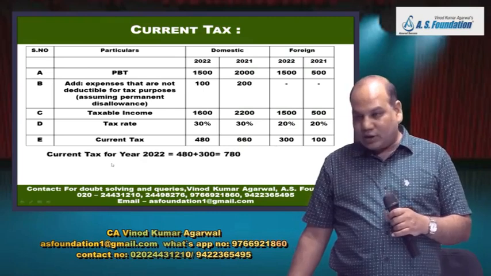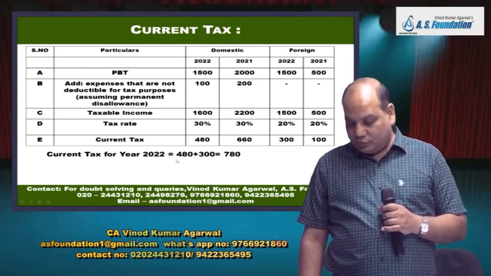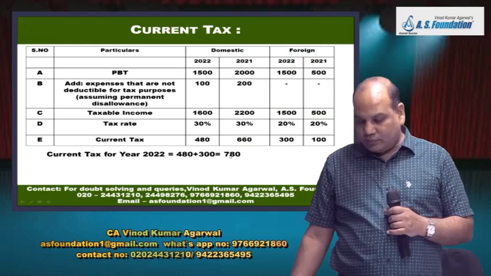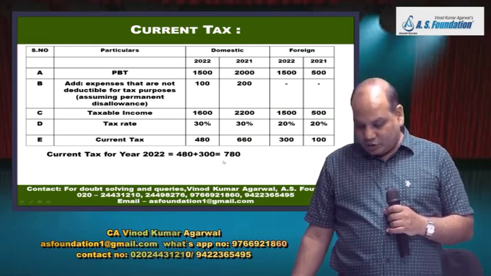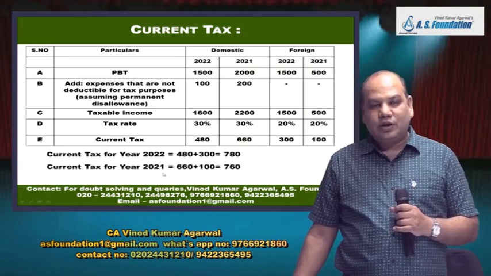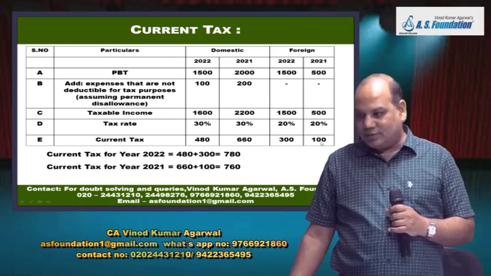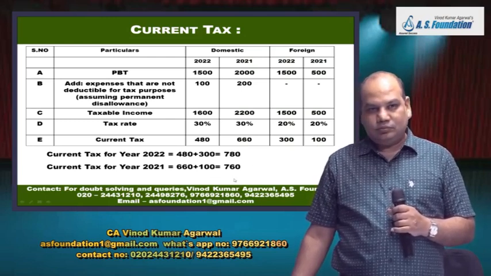So what is my current tax for the year 2022? 480 and 300 foreign, 780 current tax for current year. And what is current tax for 2021? 660 plus 100, 760.